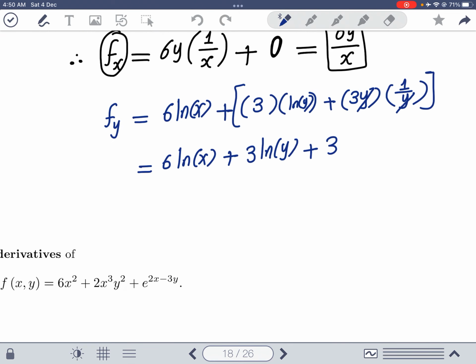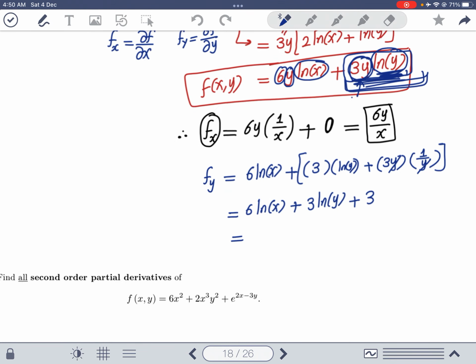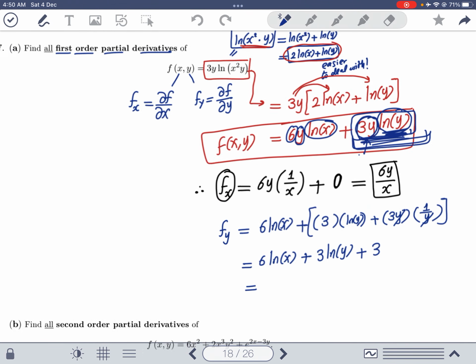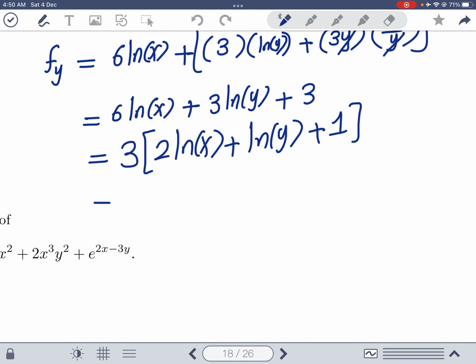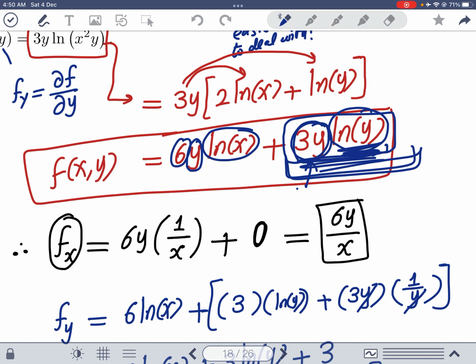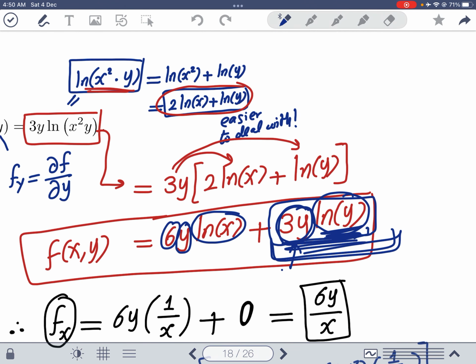So, if we want to write it in terms of how it was given at the beginning, if you take 3 as a common factor, you'll have 3 times 2 ln x plus ln y plus 1. You see? And then combine 2 ln x plus ln y. You remember? 2 ln x plus ln y was ln x squared y.